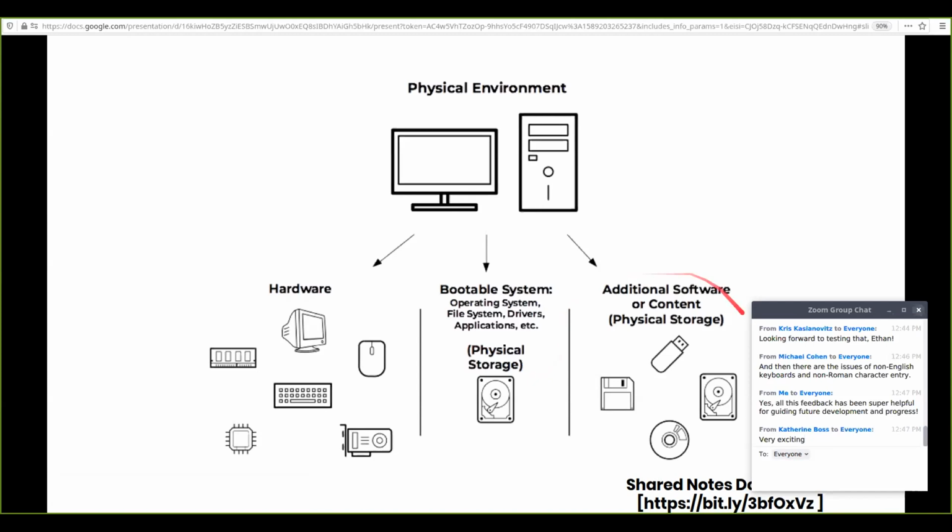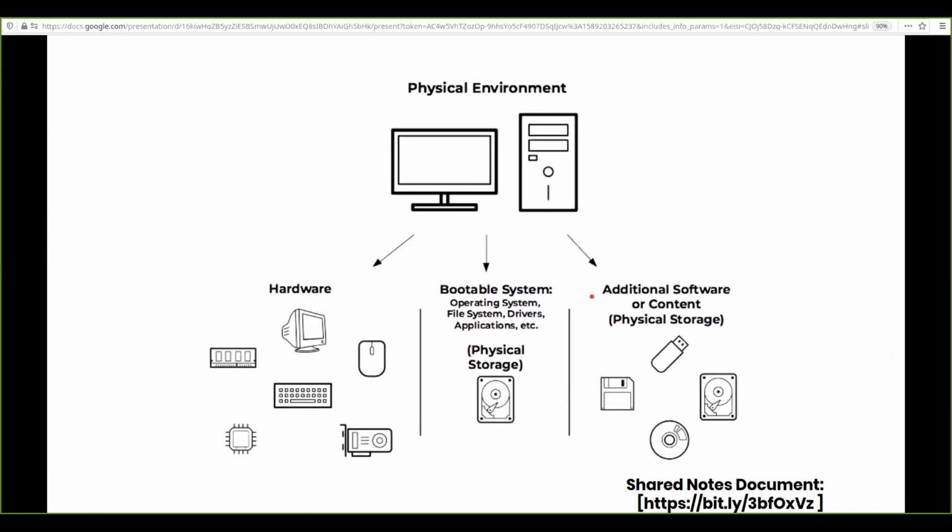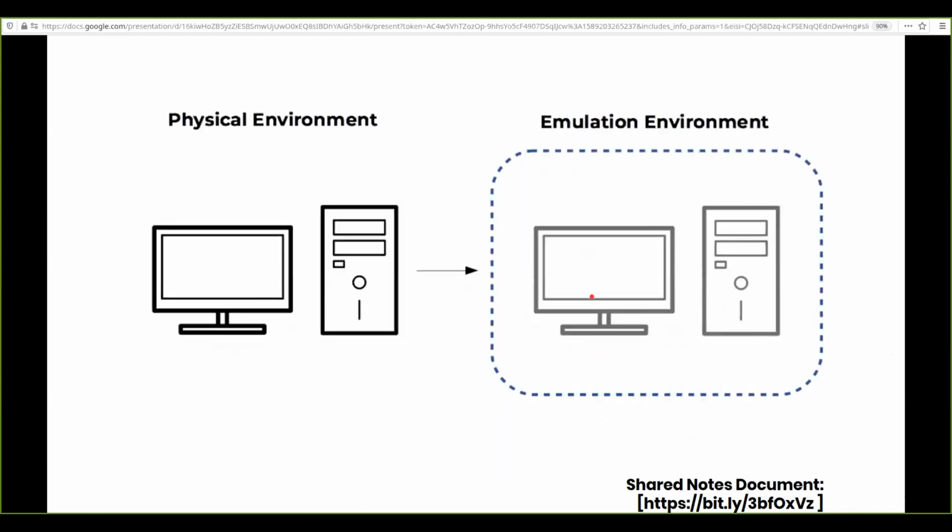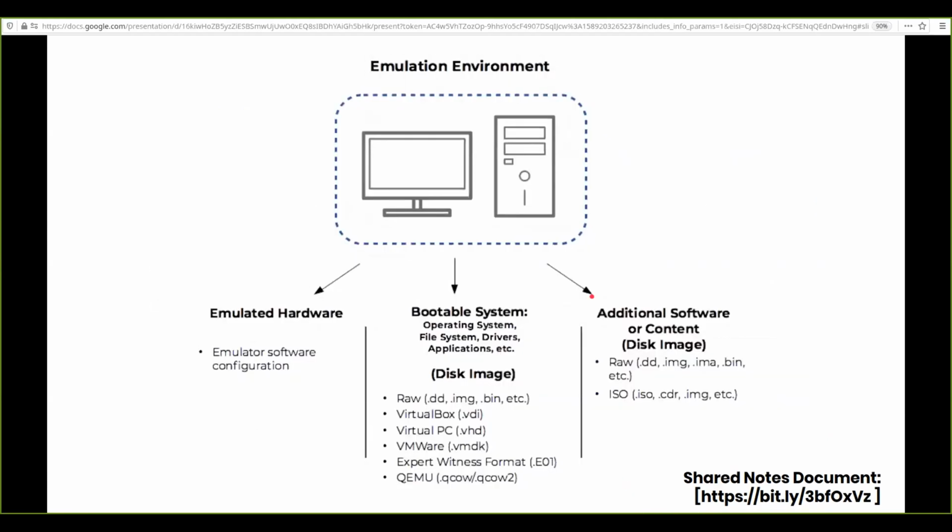And onto which you generally load additional software or content, on flash drives, external hard drives, floppies, CD-ROMs. That's additional software or content, more applications, more personal files. So if we think about moving from the physical environment into an emulated or virtual environment, what does that actually mean?